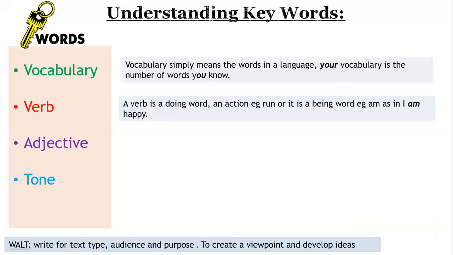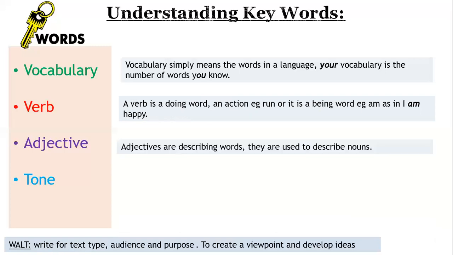Verb is a doing word or an action. For example, run, hop, skip, jump, walk, wander. And it's also a being word. So I am happy, we were tired. So it can also be a being word as well as a doing word.